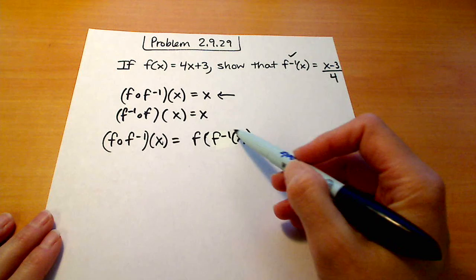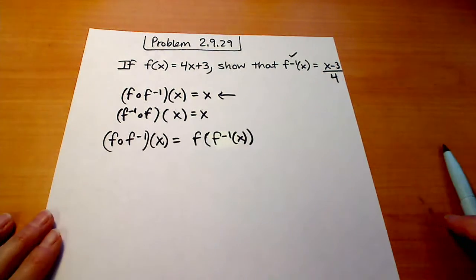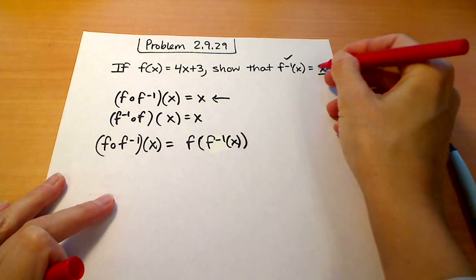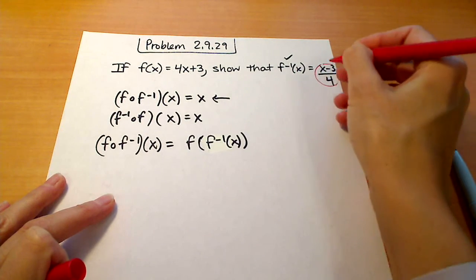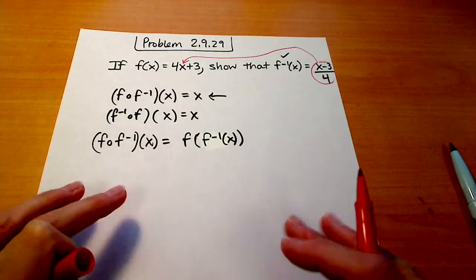So what we're doing here is we're taking the inverse and we're plugging it into the function f. So I'm going to take this function, that portion of it, and plug it right in there for the x.